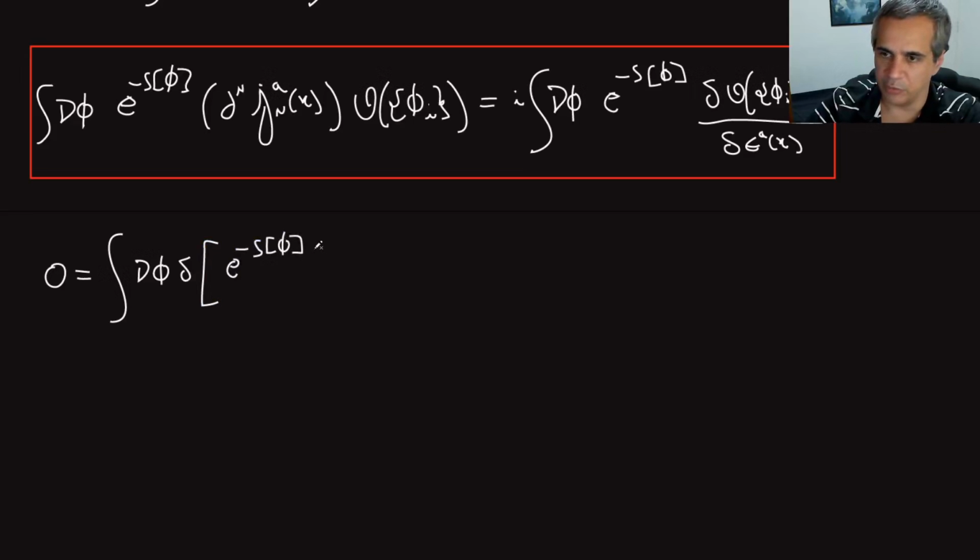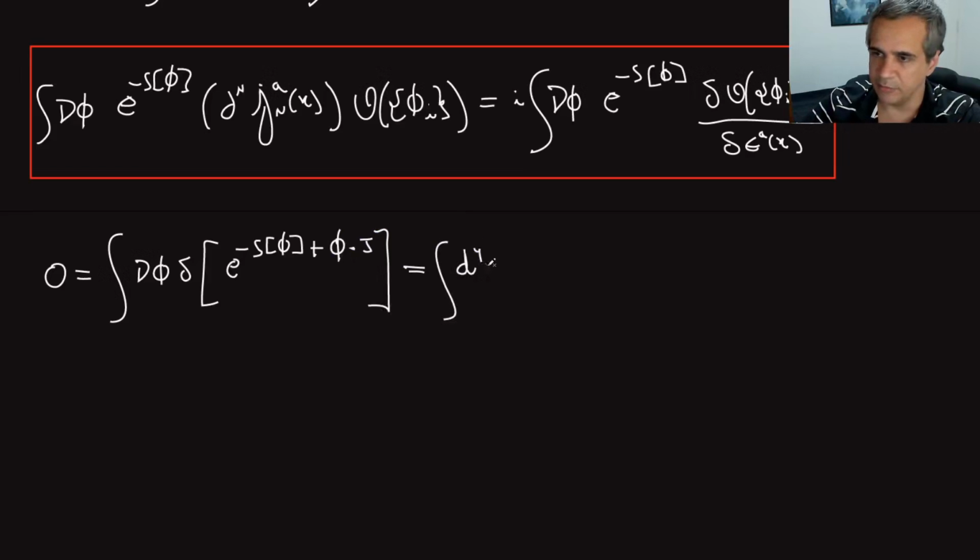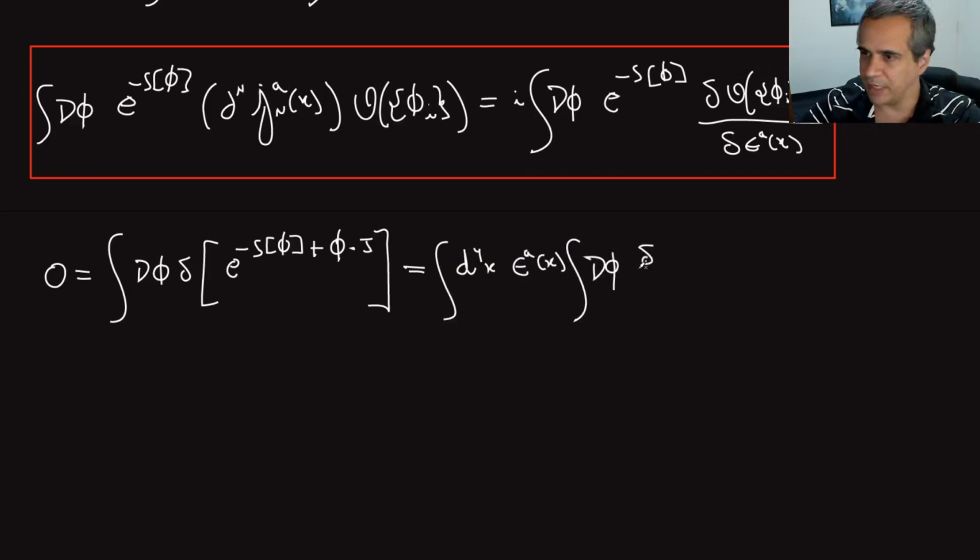And that operator, which now is just the exponential of the source term, which I can include here, right? And again, same thing I did with the operator above. I can rewrite this as ∫d⁴x, the small epsilon of the change, times the path integral of the variation of this function in terms of epsilon.